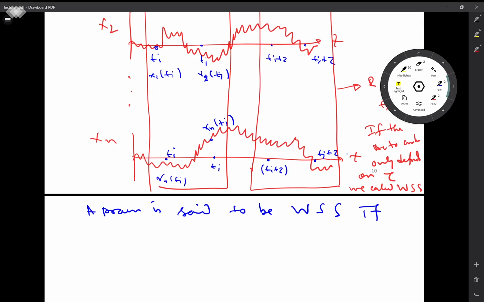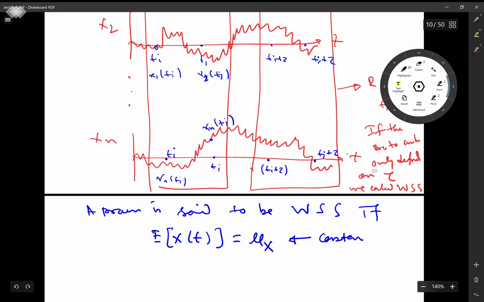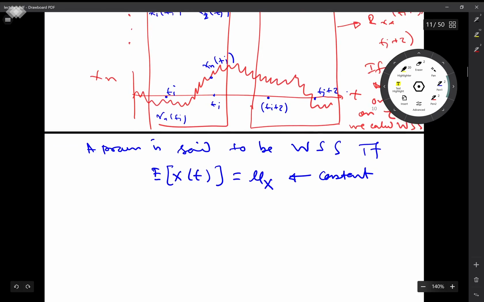A process is said to be WSS if E of xt, at any point of time, maybe t1, maybe t2, whatever, E of xt will be equal to mu x. Note that there is no argument of t, that means it is constant. This is the first criterion.